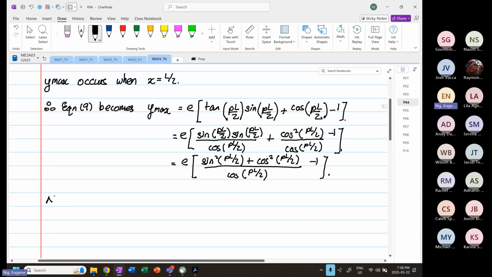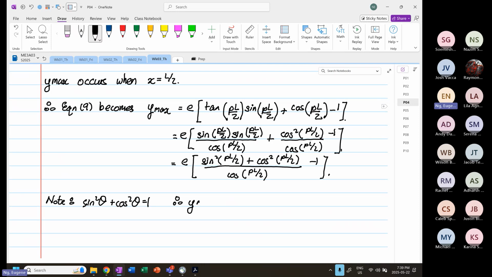So note that sine squared theta plus cos squared theta is equal to 1. So therefore, our y max can be simplified to be equal to e, and then we have 1 over cos pL divided by 2, and then minus 1.